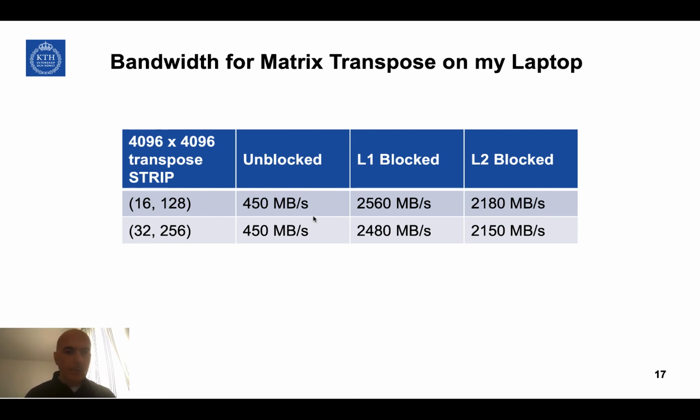If I try again to block for L1 using 32 elements, I get more or less the same bandwidth as strip equal to 16. If I use 256 elements for the strip variable, I get 2 gigabytes per second as performance.